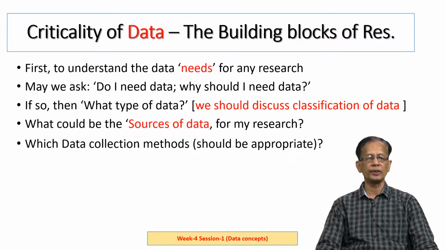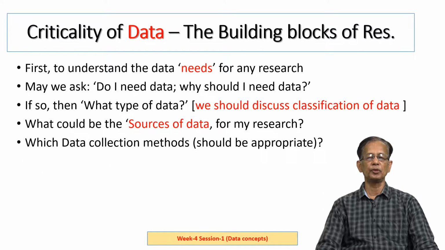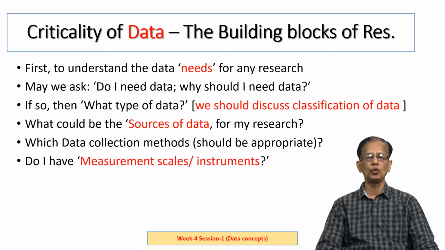We will of course briefly discuss the different data collection methods which will be appropriate, and more interestingly, in the next session we will discuss in detail the different measurement scales or instruments for observing and noting the data.